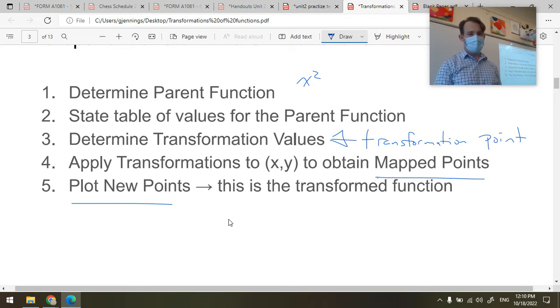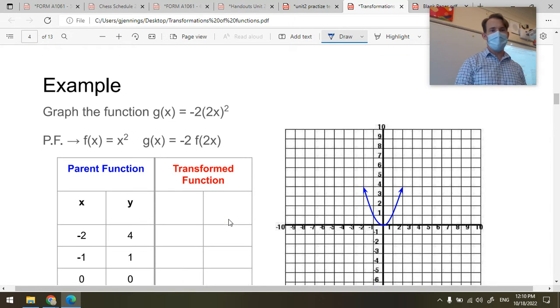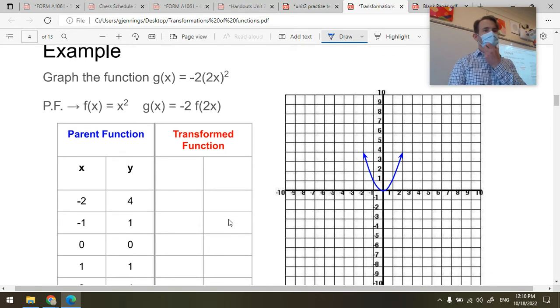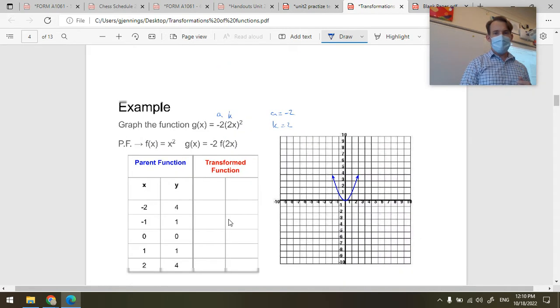Okay, let's do an example. Let's graph the function g of x is equal to negative 2 times 2x squared. Here I notice that I have an a transformation and a k transformation. a is equal to negative 2, k is equal to 2. Now, what's the role of these transformations?